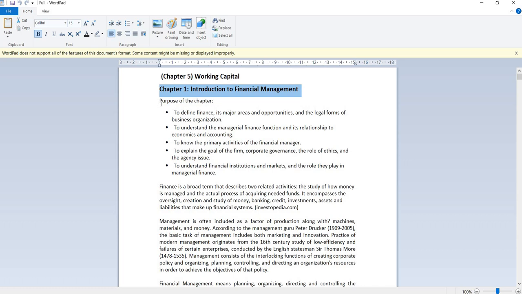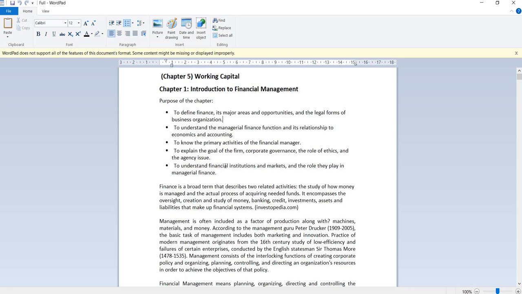The purpose of the chapter, number one, is to define finance, its major areas and opportunities, and the legal forms of business organization. Number two, to understand the managerial finance function and its relationship to economics and accounting.